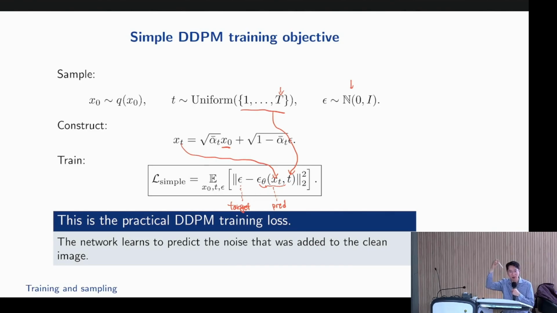We just pick a random point in time, one-shot generate t-step noised image, and then plug it into the network to predict the noise. Because during training, we don't have to follow these diffusion steps because we can directly one-shot generate t-step noise. So network learns to predict the noise that was added to the clean image. That's the training procedure.